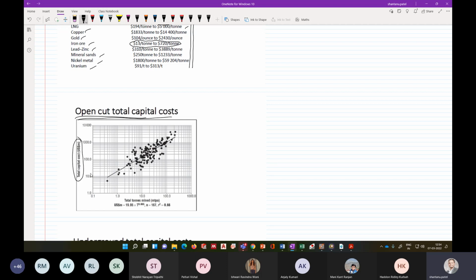Okay, this is in million US dollars. And on the x-axis we have total tons of mine, tons per annum. Okay, so million tons per annum.